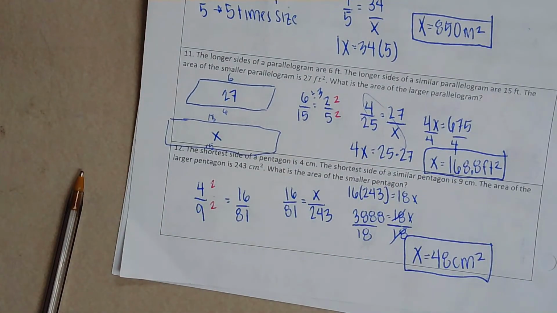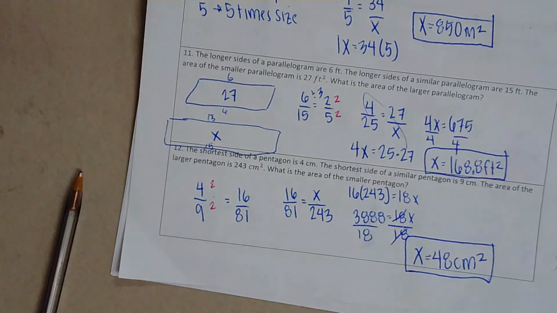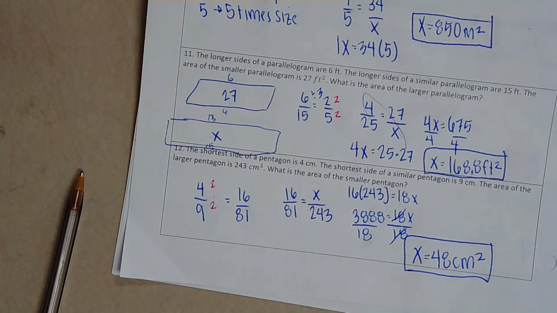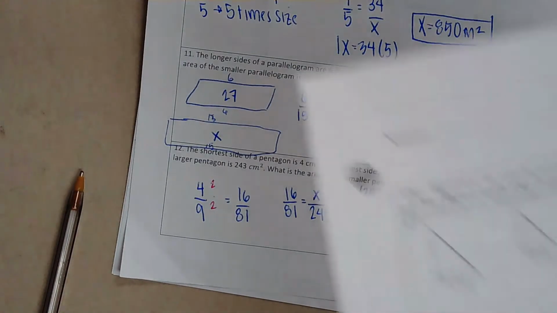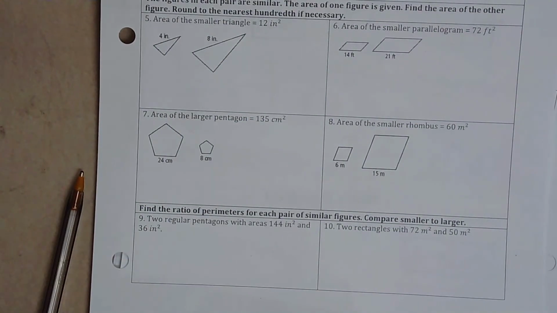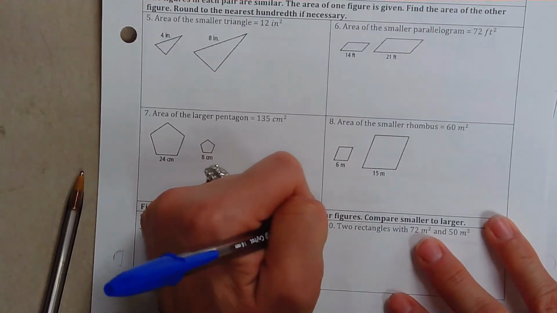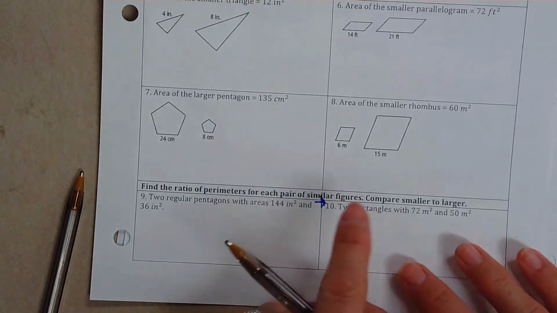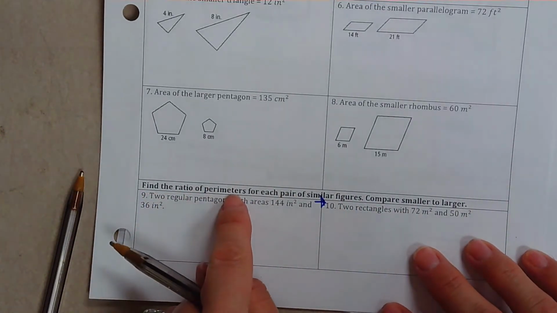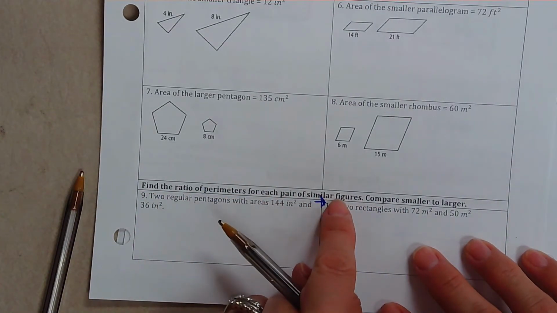Okay, hold tight 1 second. There's a homework problem or classwork that I want to go over with you. This is number 10. You guys will be doing odds, so this won't matter to you, but it says the ratio of perimeters for each pair of similar figures.